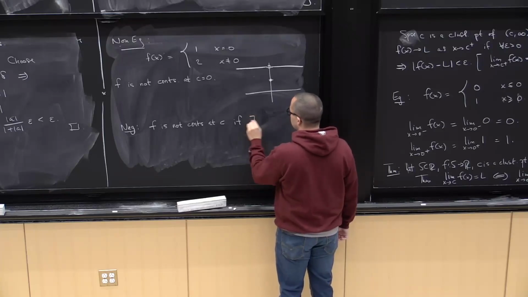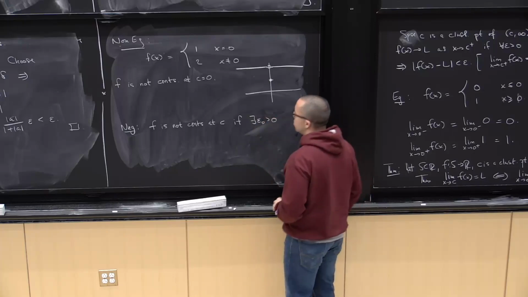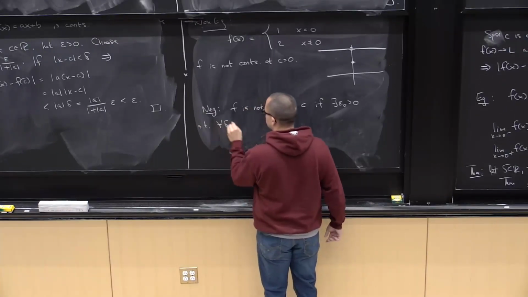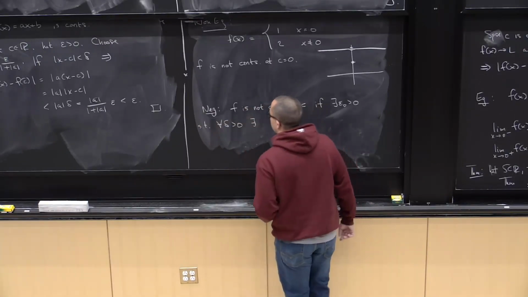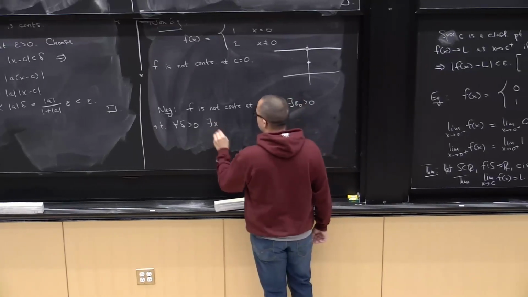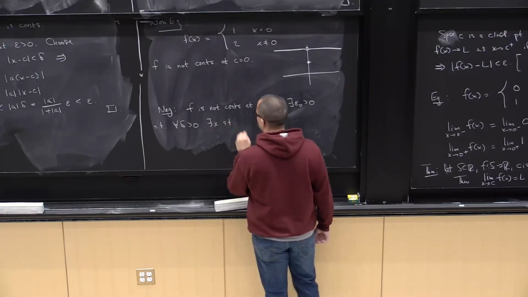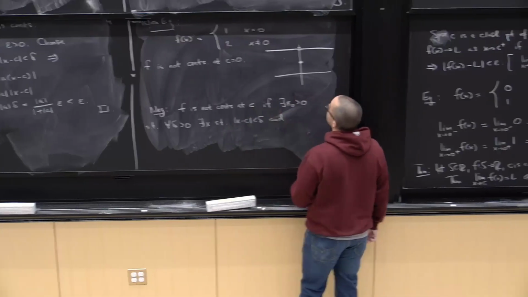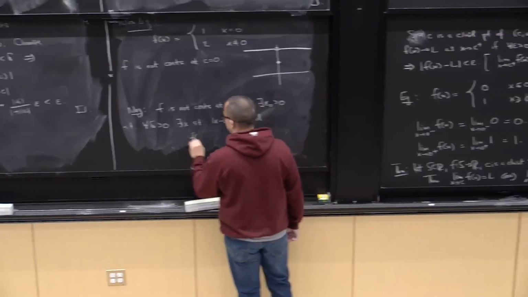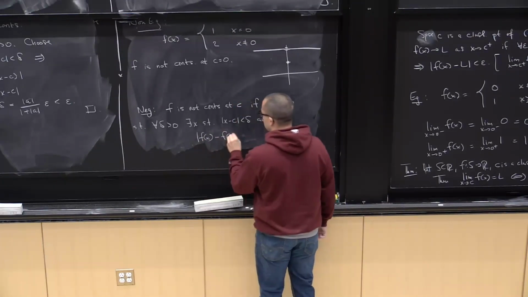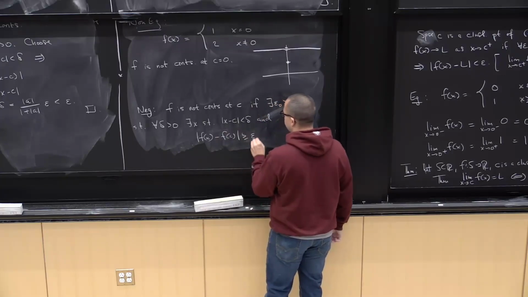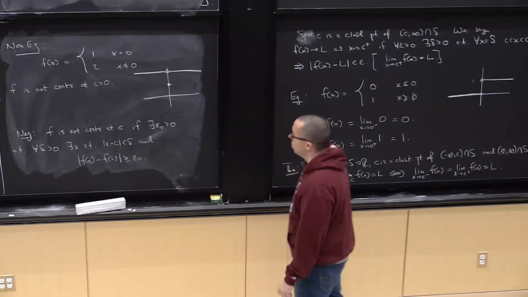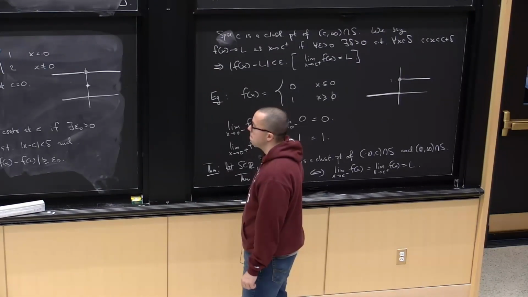So if there exists some bad epsilon, so that for all delta positive, there exists an x such that x minus c is less than delta, and we do not have the second inequality, f of x minus f of c is bigger than or equal to this bad epsilon. Okay?